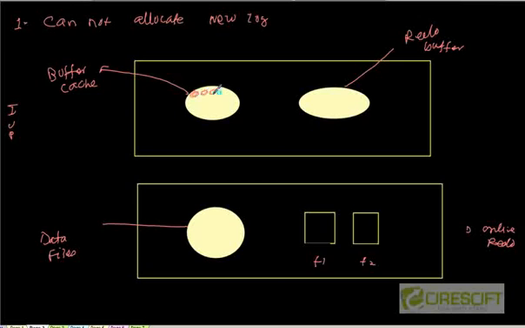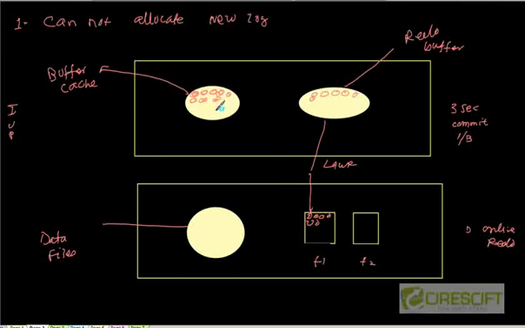Therefore we are filling this buffer cache, making it dirty, and at the same time we are writing the redo information into the redo buffer. Eventually LGWR, which is the log writer, is going to write to the file f1, either every 3 seconds, or whenever somebody does a commit, or when the buffer is 1/3 full.